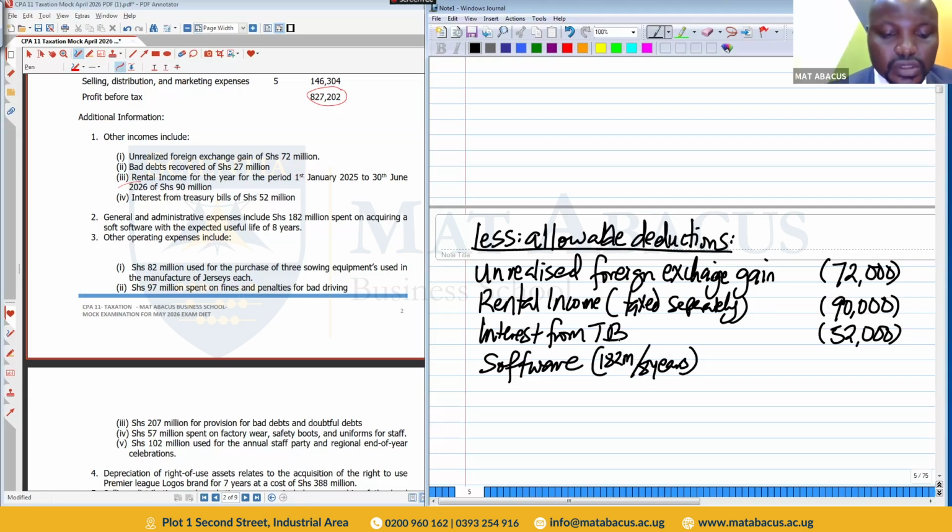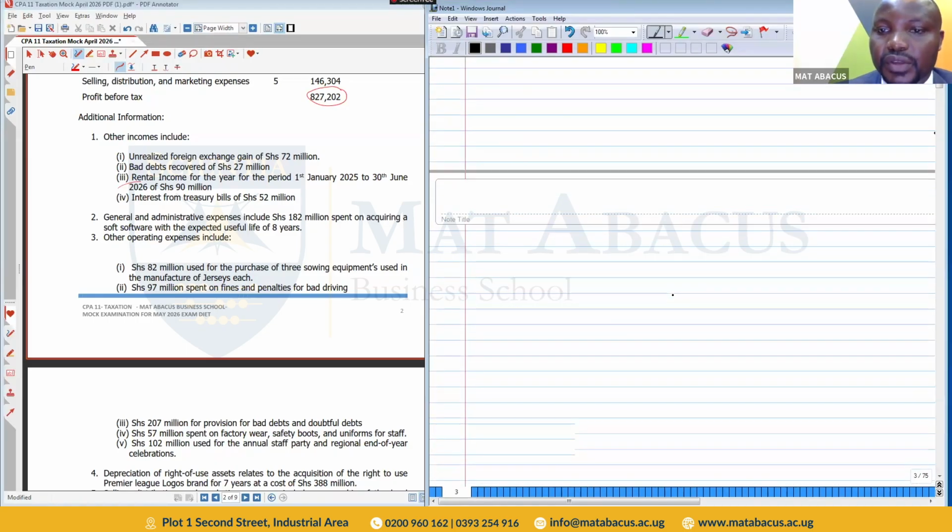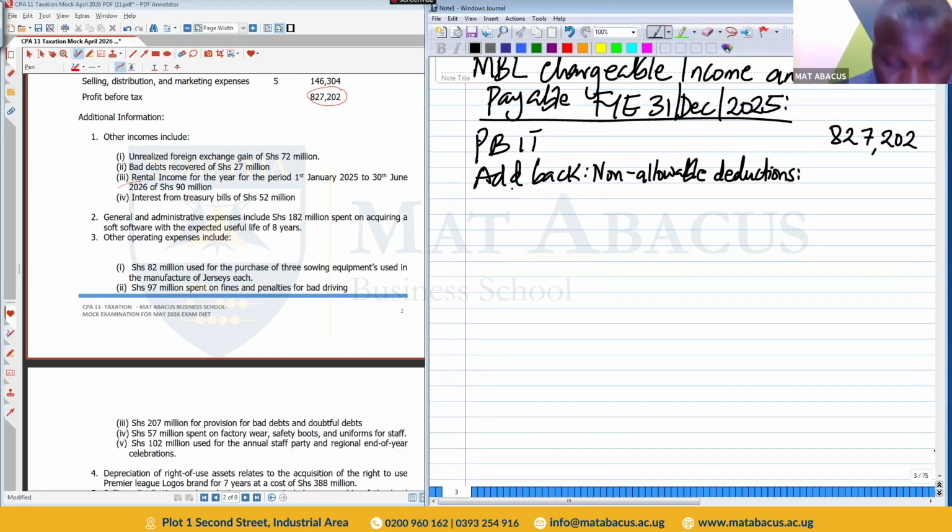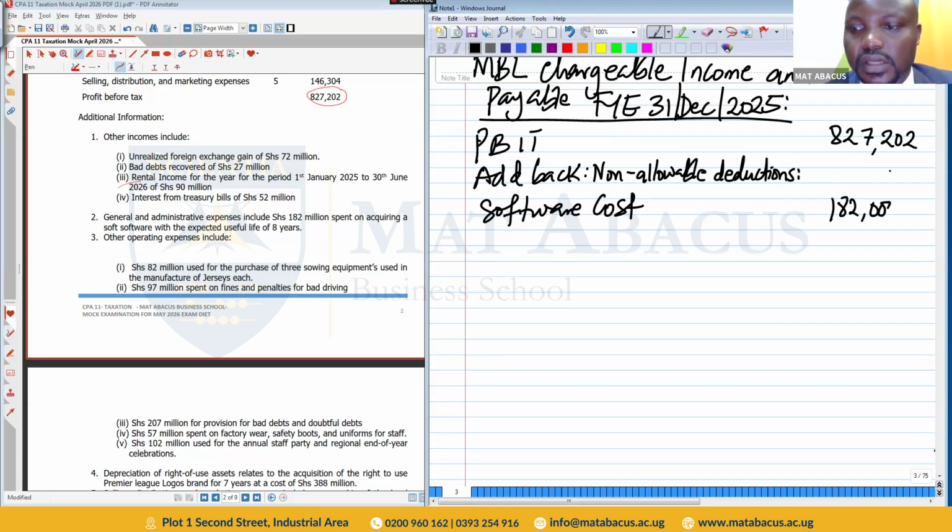We get 182,000 divided by 8 years, so we shall get 22,750. That becomes an allowable deduction. Then we go up here and we record the software cost as a non-allowable deduction of 182,000.